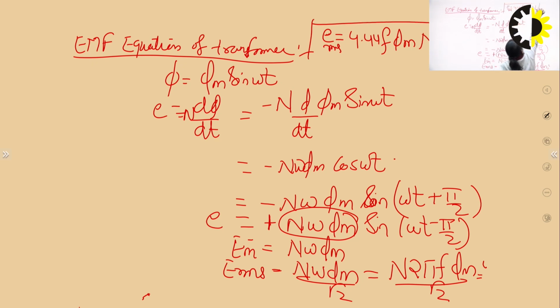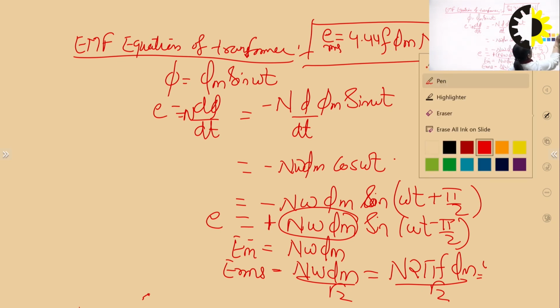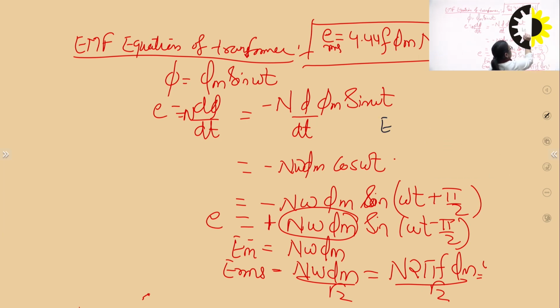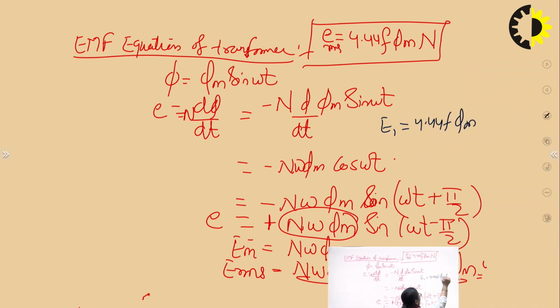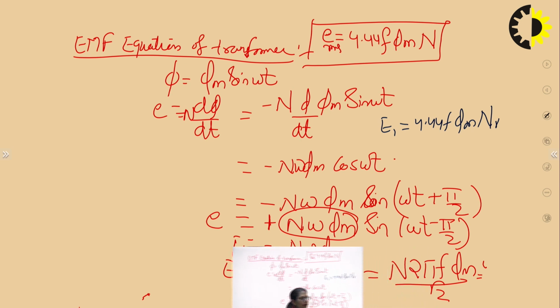So, this becomes the expression for the induced EMF in a transformer. That is 4.44, which is given by 2 pi by root 2, if I find out the value for this, and then n f phi m. So, it is 4.44 f phi m n. This is the general expression. If I say E1 is the induced EMF in the primary, RMS value, it can be given as 4.44 f phi m, and the number of turns is n1.